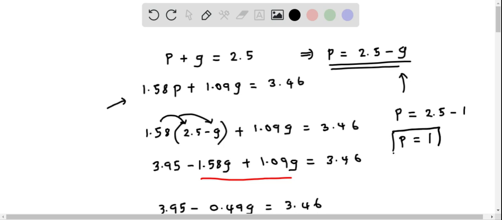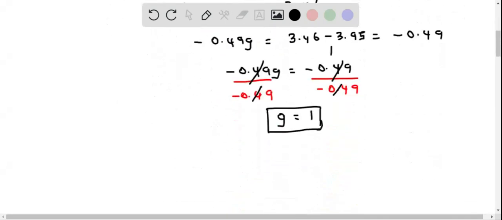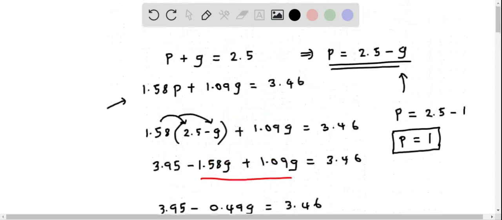So we found the values of P and G, and therefore we can say that the person buys P pounds of peaches. That is, I'm sorry, this P is 1.5, because 2.5 minus 1 is 1.5.